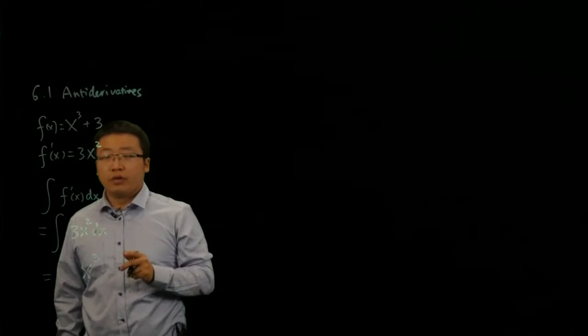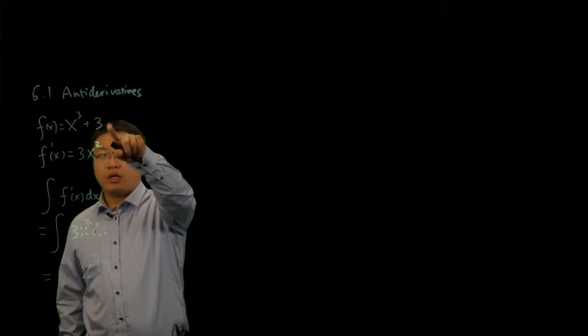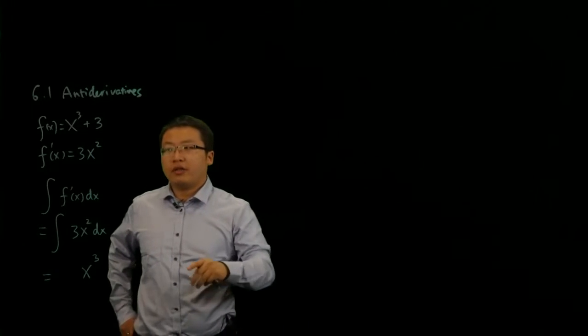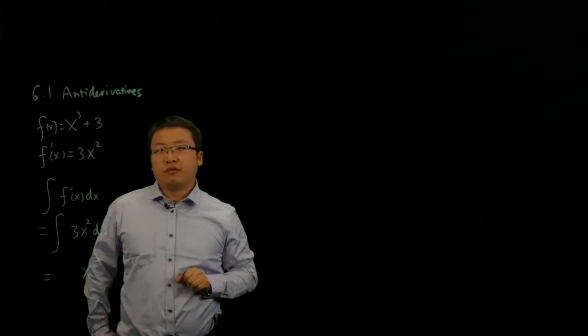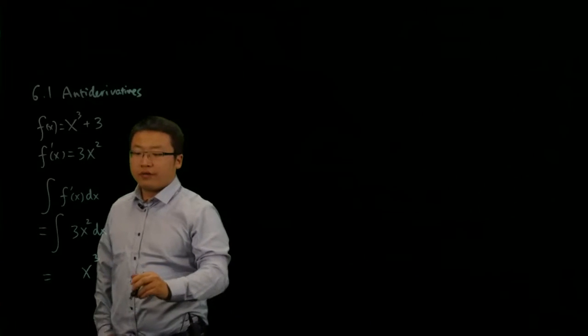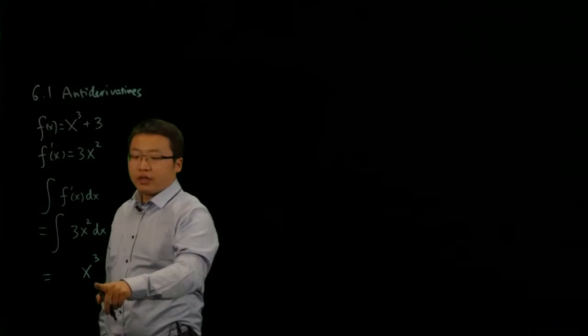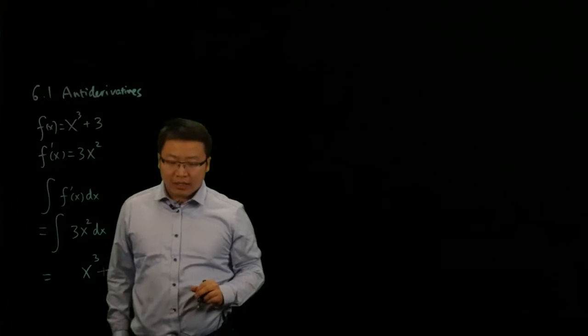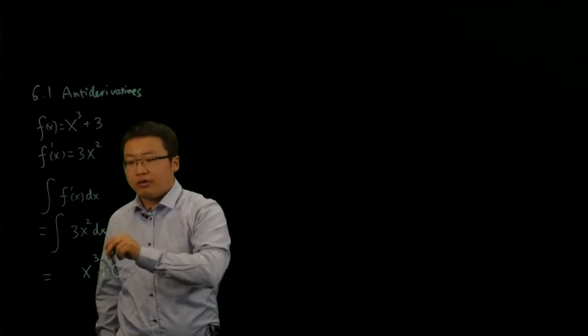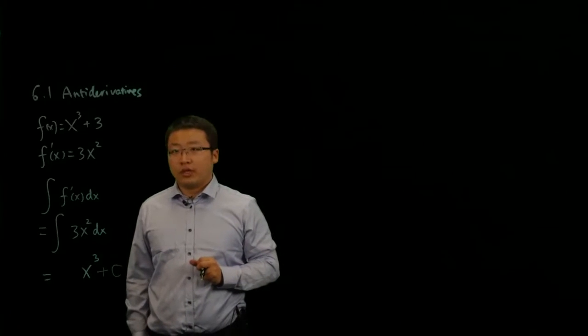However, if you notice, regardless of what number you have, whether it's 3 or 4 or whatever the number is, this is going to be the derivative of 3x squared, because the derivative of a constant number is 0. Therefore, in the original function, you could add any constant value such that your derivative is going to be 3x squared.